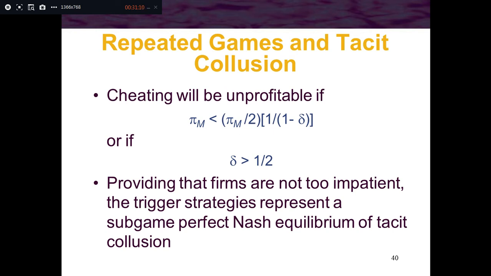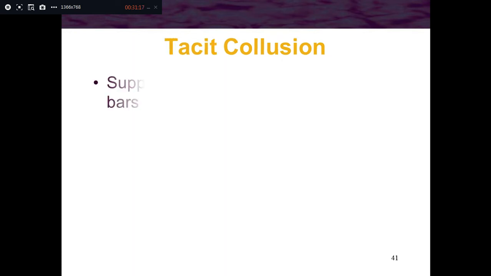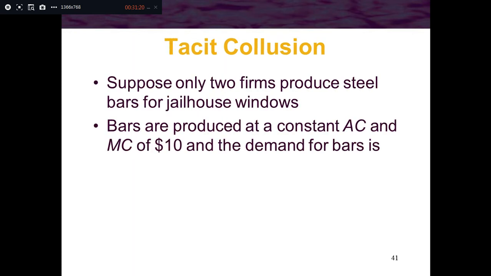Tacit collusion. Suppose only two firms produce steel bars for jailhouse windows. Bars are produced at a constant average cost, which is also the marginal cost, of $10, and the demand for bars is Q equals 5000 minus 100P, where P is the price and Q is the quantity.